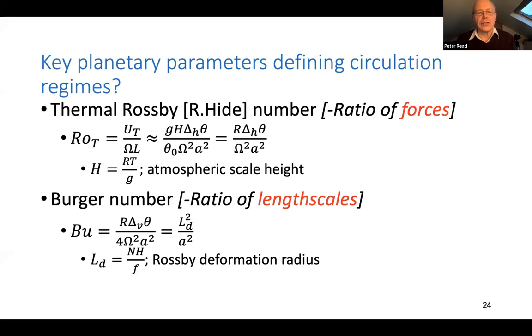It's conventional to use, for example, the thermal Rossby number, which is essentially a ratio between inertial forces and Coriolis forces, or the so-called Burger number, which is essentially a ratio of length scales, the deformation radius to the radius of the planet, indicated here by A. We usually show these as the squared ratios.